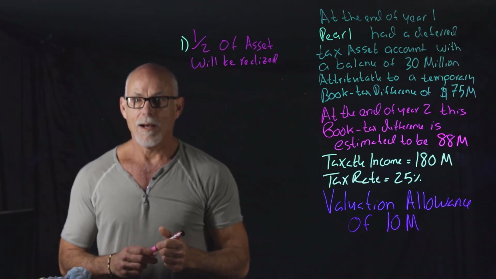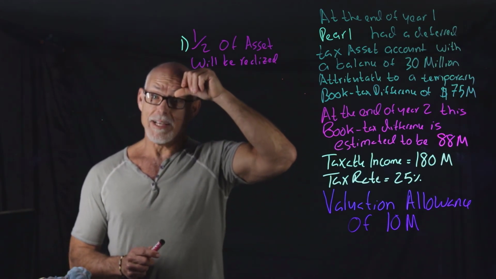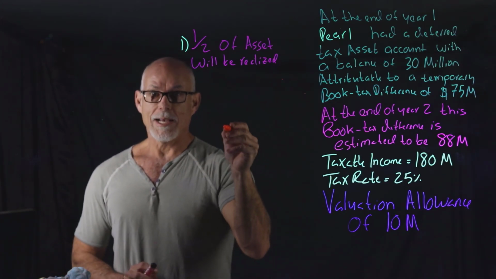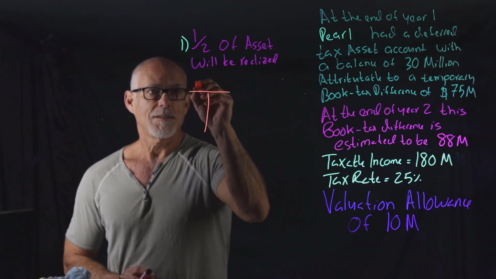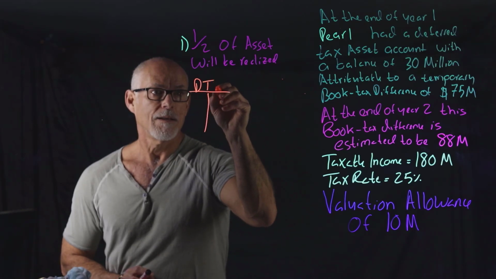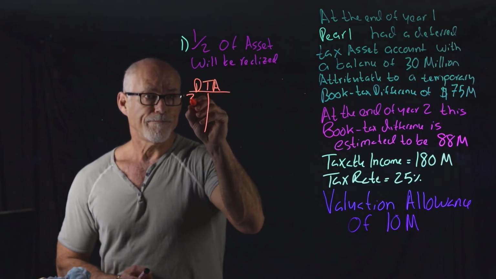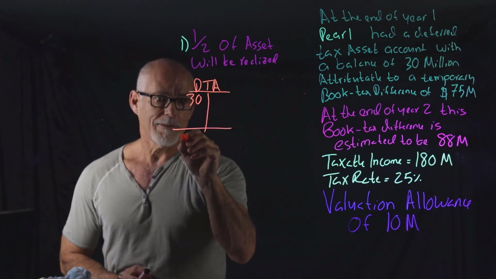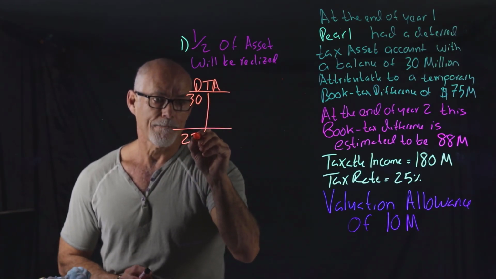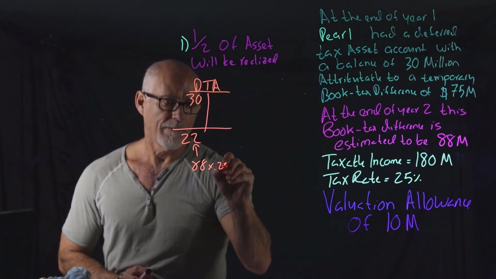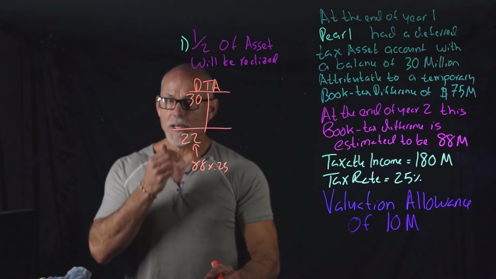All right, so 1/2 of the asset will be realized, and let's go and figure out what that asset's going to be worth. This is my DTA. It started out as a balance of 30 and ended off as a balance of 22.